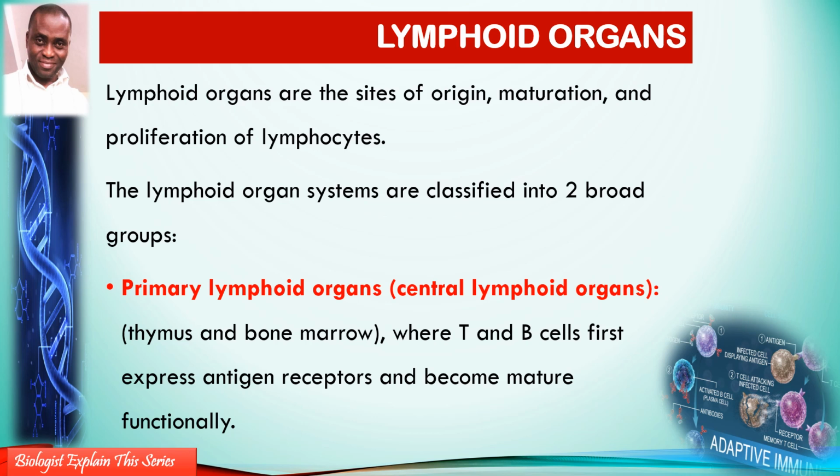Now, what are these? The primary lymphoid organs are where the lymphocytes are produced and where they begin to multiply. Not where they mature naturally, but at least you are producing them in large quantity. So it's like a source. That's why it's primary, it's central.